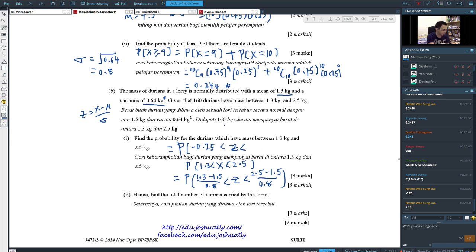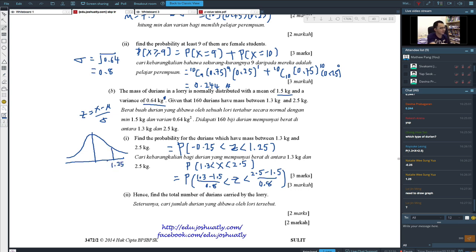So I will need to find what this value is. So I will sketch out the diagram first. If the middle one is 0, so I understand 1.25 is somewhere here, and negative 0.25 is somewhere here. So the value I want to find is somewhere in the middle.